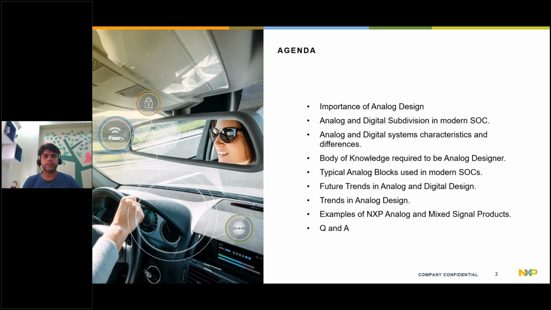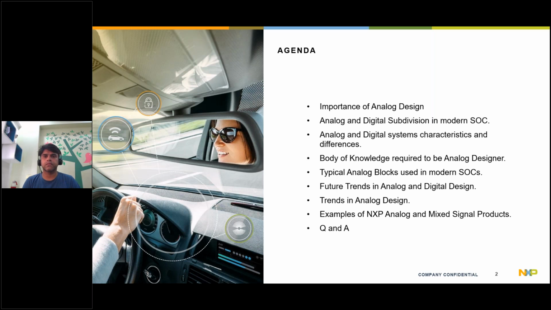Then we will describe, in somewhat more detail, typical analog blocks which are used in modern SoCs. Then we'll describe the future trends in analog and digital design. And then finally we'll show a few slides on NXP products, which are NXP analog and mixed signal products.